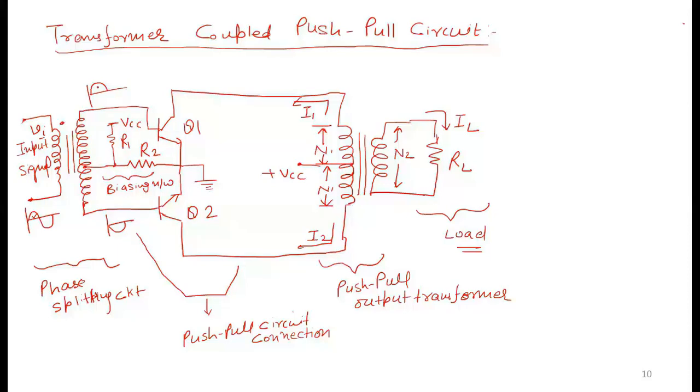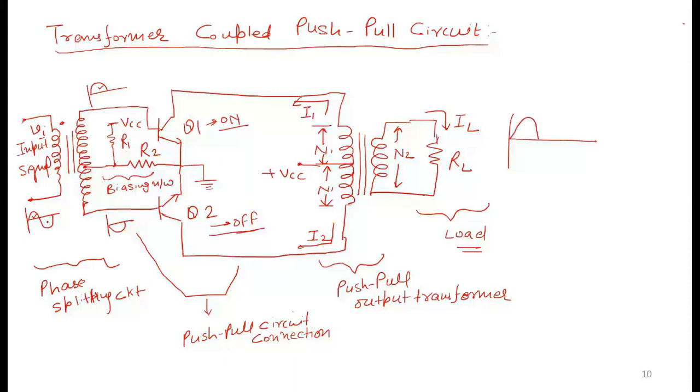So during this positive cycle the Q1 will be on, and since this is a negative cycle the Q1 will be off. So during the first half cycle when Q1 is on and Q2 is off, the I1 current will flow through these transistors. Due to this current, the voltage will be developed across this primary section, and we will have the half cycle of the output in the load.